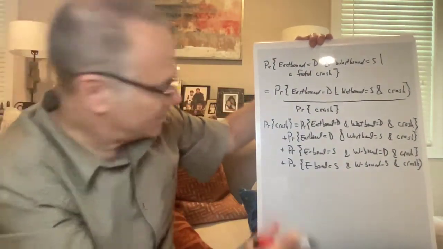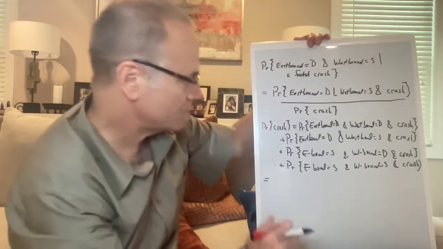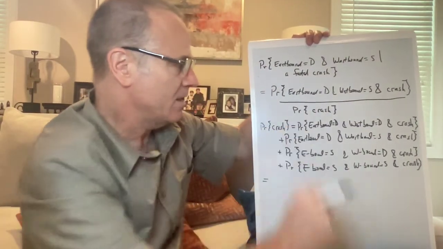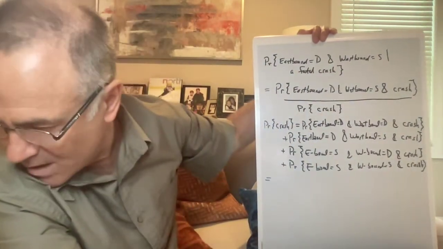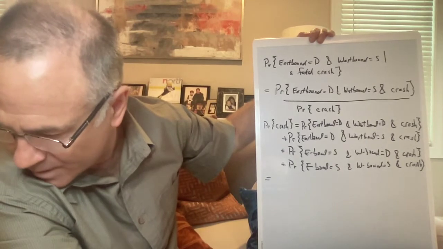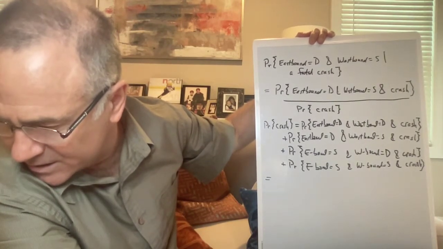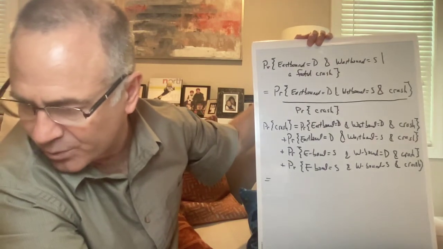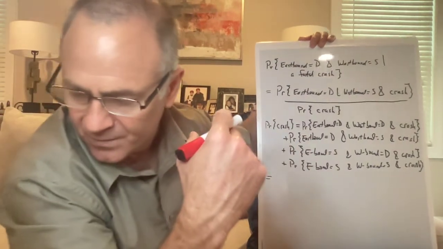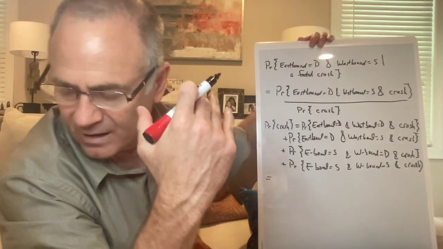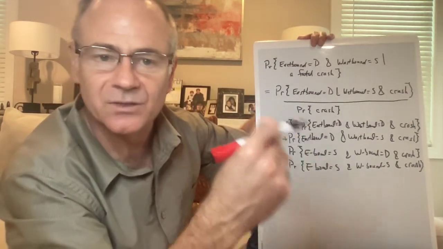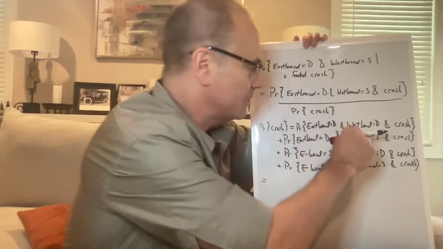Now first let's calculate that first term. The probability of that happening is, first, the probability that the eastbound driver is drunk times the probability.